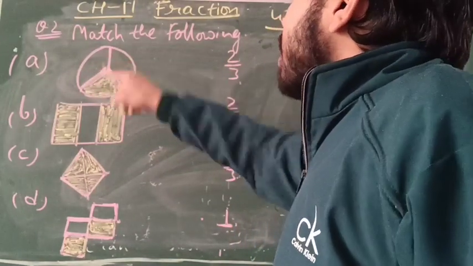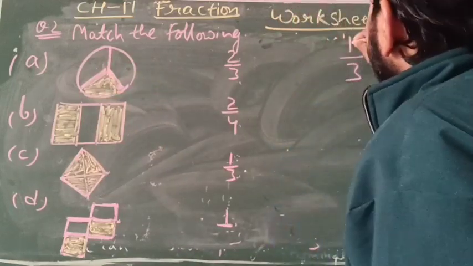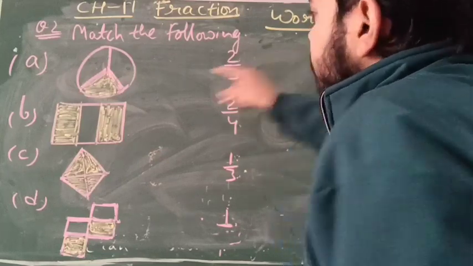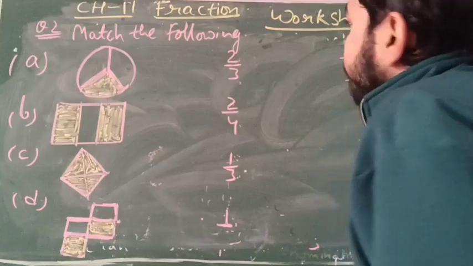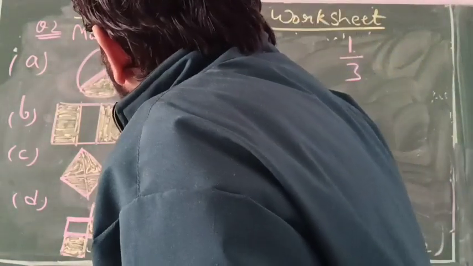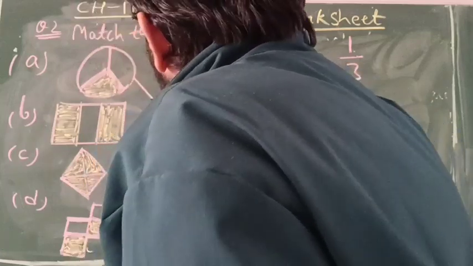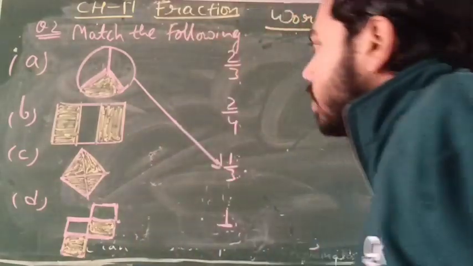So the circle is divided into 3 equal parts, and out of that 1 part is colored. It means that figure is representing 1/3. So you have to match this figure with this.